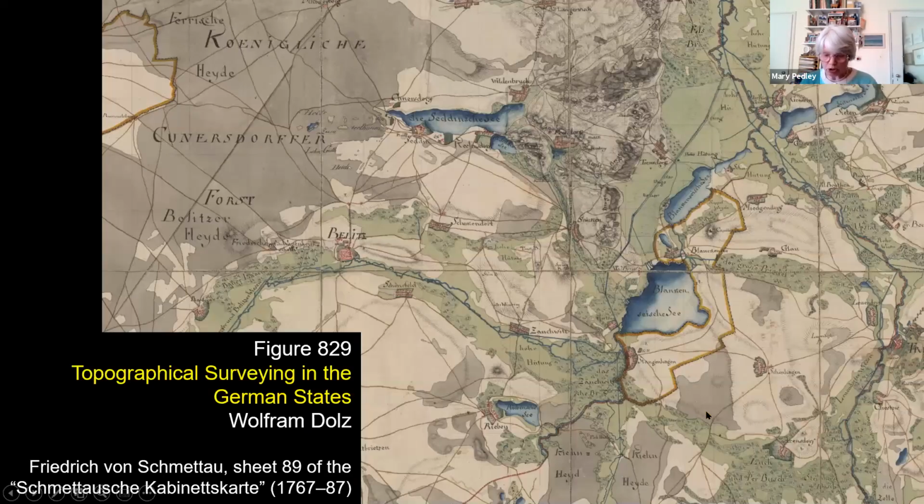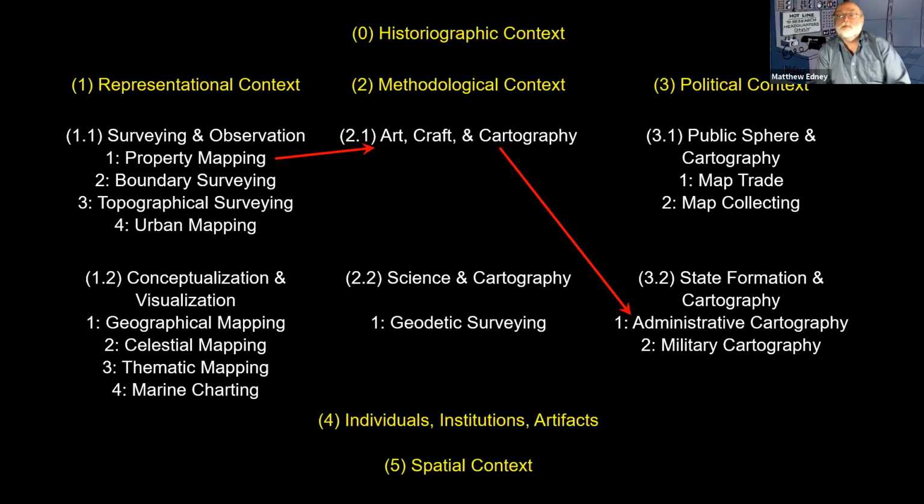So it demonstrates land use and the lie of the land in a number of different ways. And it's going to be used for administrative use as well as military use. So we'll go back to our hierarchy of context to see where we go next from topographical survey maps.